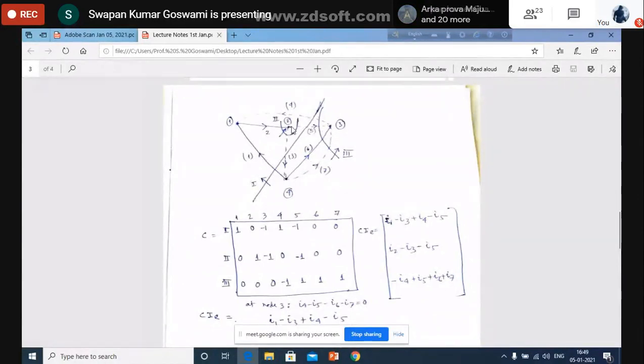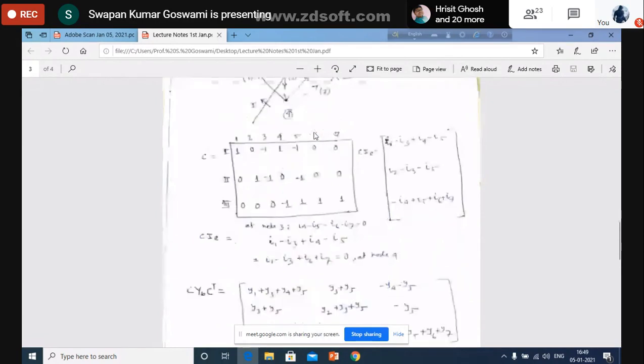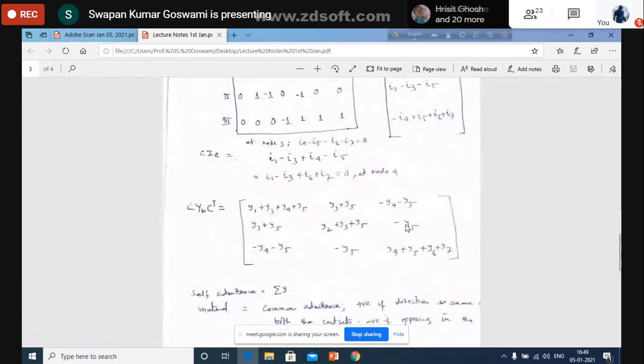Common is element 5. What is the direction? The direction of element 5 and the direction of cursor 3 are the same, and the direction of element 5 and the direction of cursor 2 are opposite. So opposite with respect to the two cursors. Okay, that's why it will be minus y5.